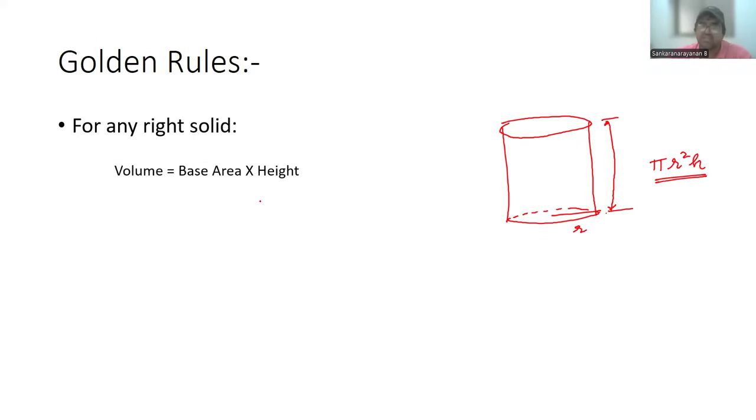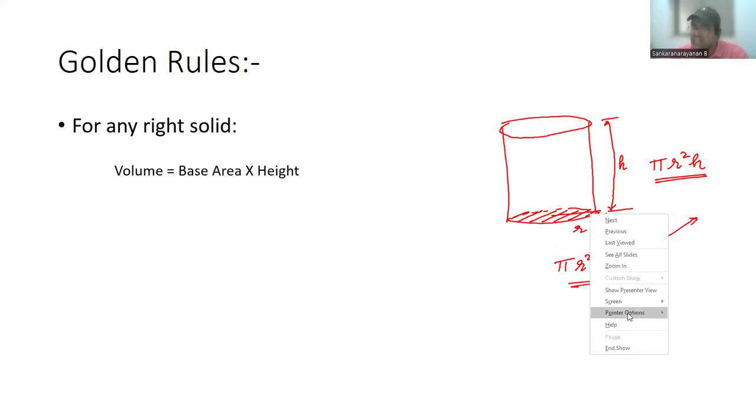But I ask you to consider it in this way. Volume is always base area into height. What is the base area? You look at the base here, it will be a circle, right? So the area of that circle is pi r square. Recall, we learned this in geometry. Pi r square into height, it is h. So pi r square into h, that is what this pi r square h is. And it is applicable to any right solid for that matter.